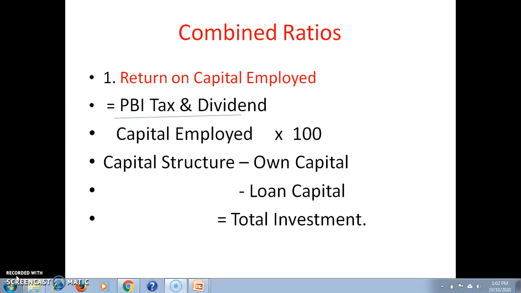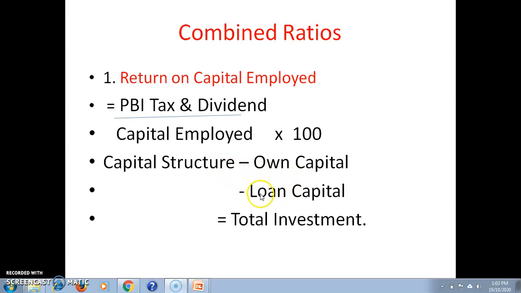Own capital includes shareholders' funds, proprietors' funds, and loan capital includes debentures, bonds, bank loans, etc. At the time of preparation of the vertical balance sheet, this is the liability side, that is the own capital and loan capital, and we discussed the various factors which are considered under the heading of own capital and loan capital.